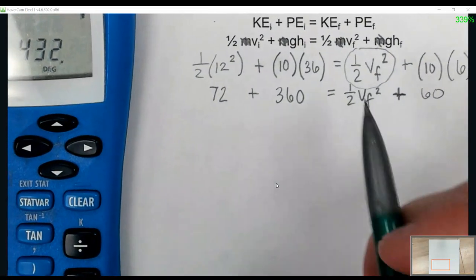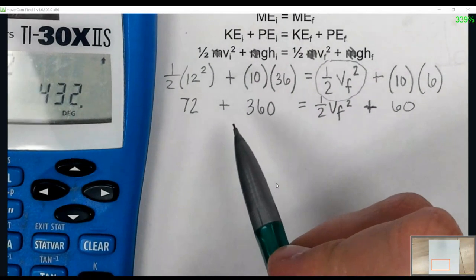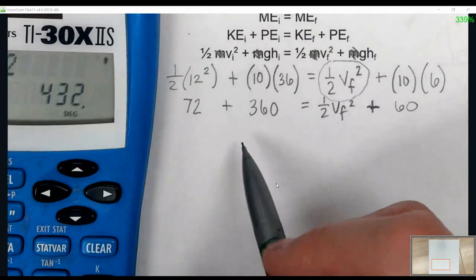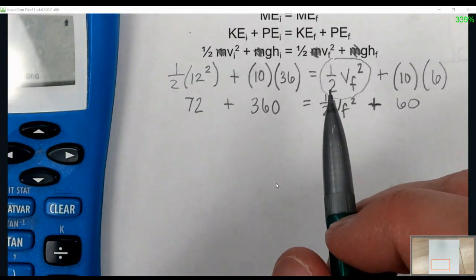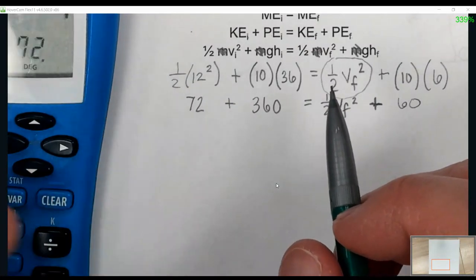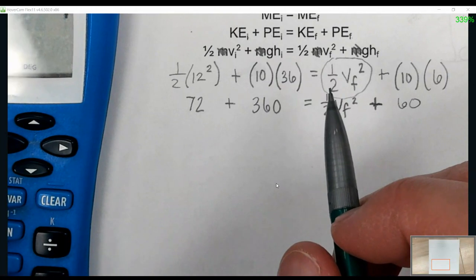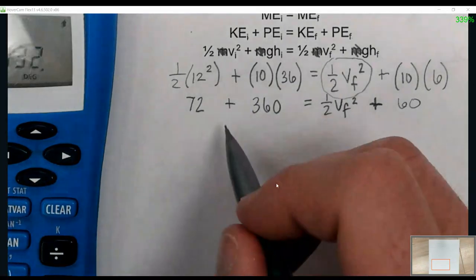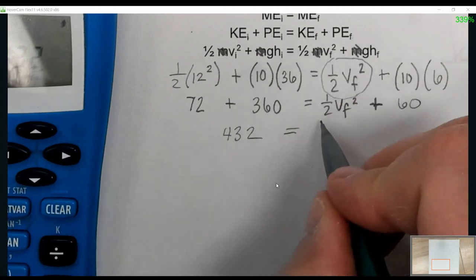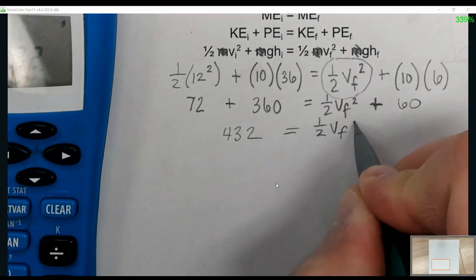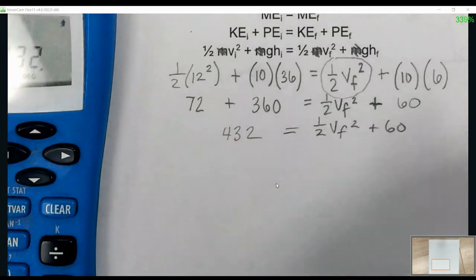So I'm going to now simplify the left side, add these two together, and I get, what did I get? 432 equals 1/2 VF squared plus 60.